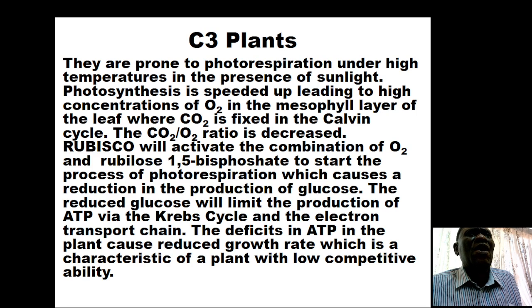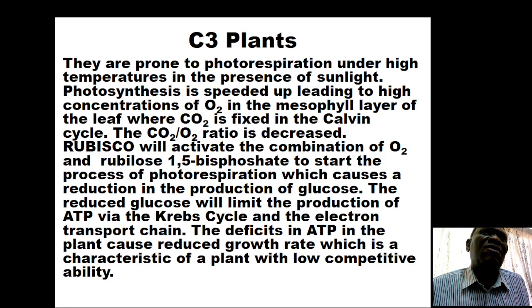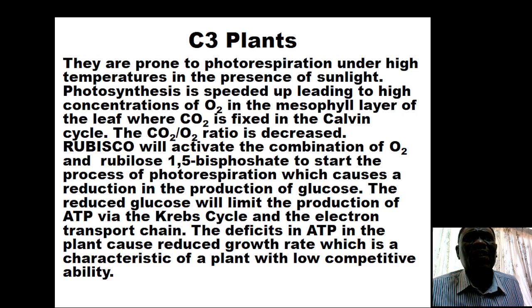Here, probably what I want to say is that one of the problems which is endured by the C3 plants is the existence of a process which is destructive, known as photorespiration.